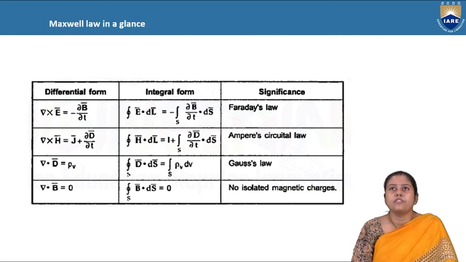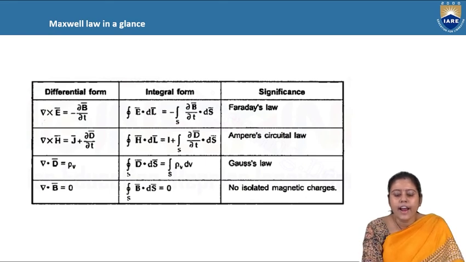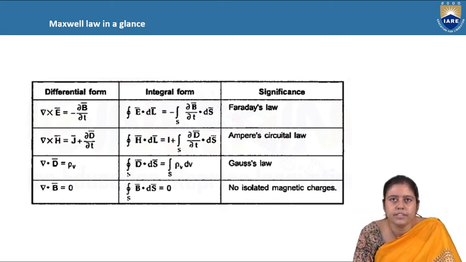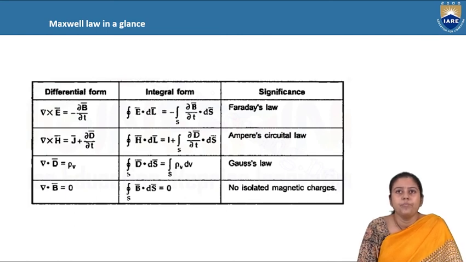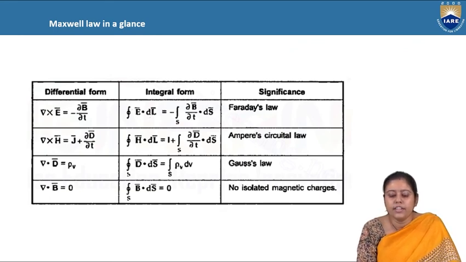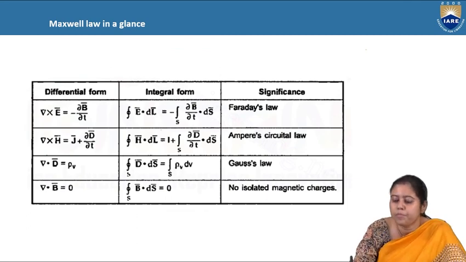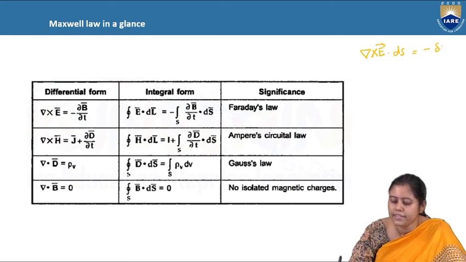So if we write Maxwell's laws at a glance, there is the equation grad cross E is equal to minus del B by del T, which we have already discussed in the chapter. We can also use this in the integral form, E dot dl is equal to minus del B by del T dot ds. We can prove this also. Grad cross E ds is equal to minus del B by del T ds.